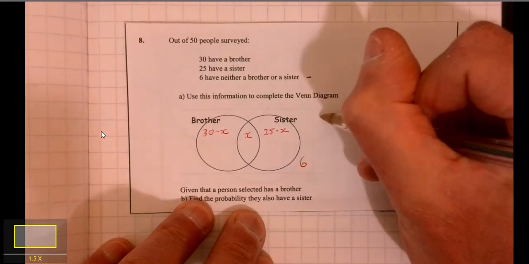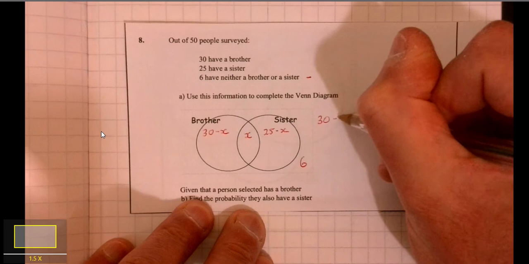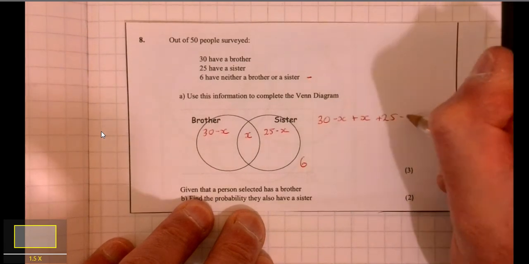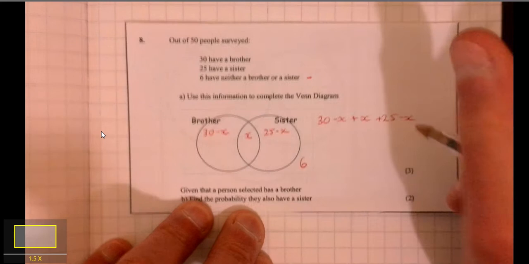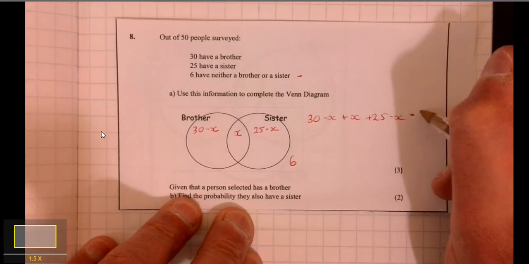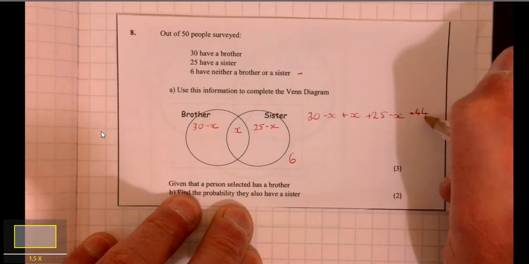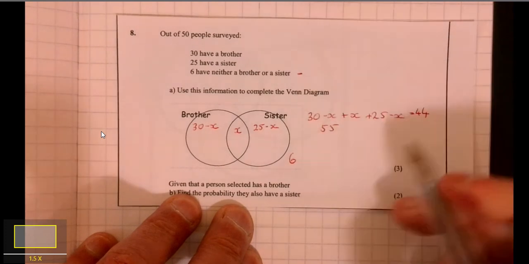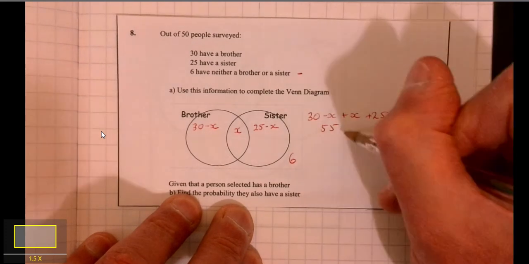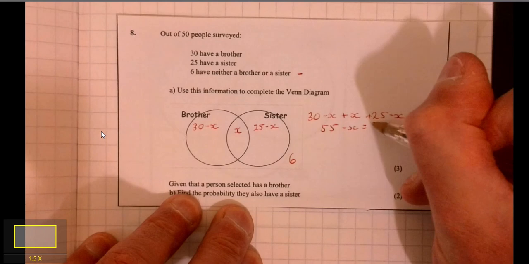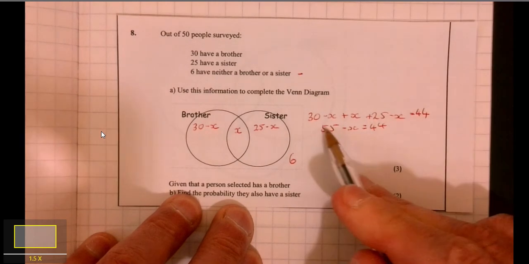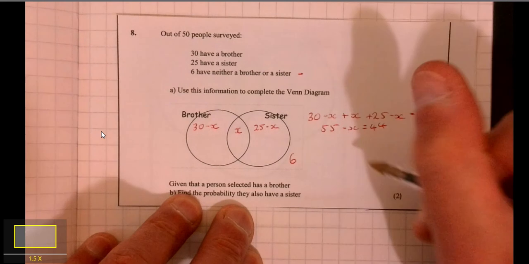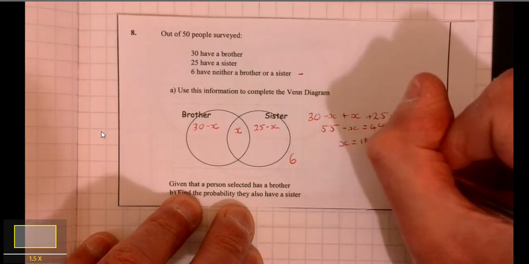So I can write this down. 30 take away x plus 25 take away x, and we know that lot is equal to 44. So 55 take away x take away x equals 44. So x has to be 11 to make that work.